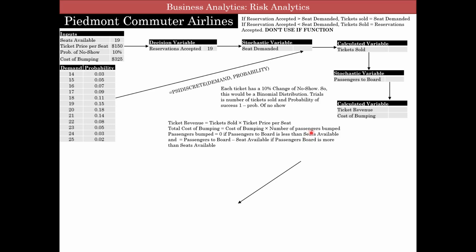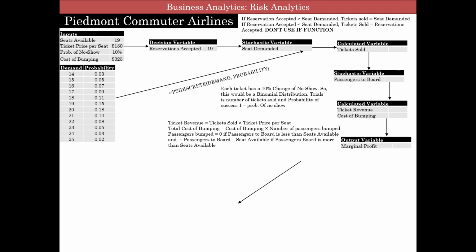So how many passengers are bumped? It's 0 if passengers to board is less than seats available. If this value is 19 or less, there's no bumping. But if this value is 20, 21, 22 or more, then the difference between this and 19 is how many passengers are going to be bumped.